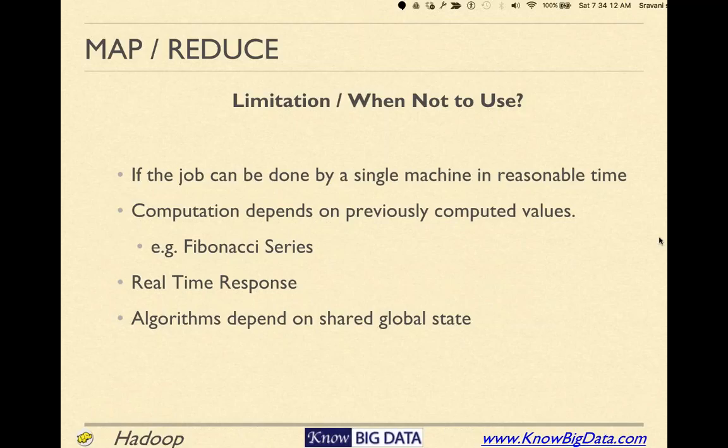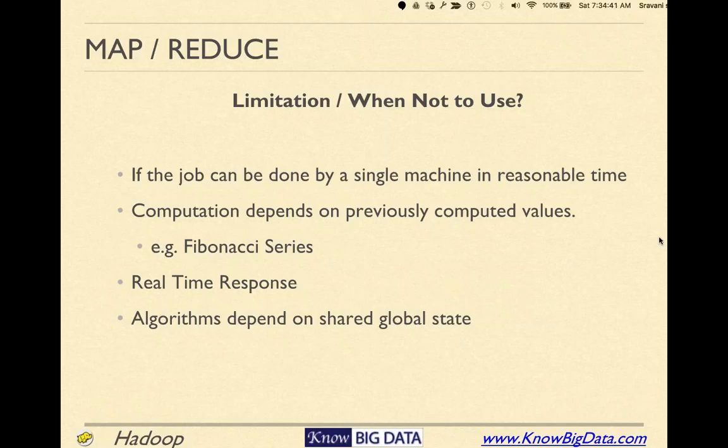Next is when the computation depends on previously computed values. You cannot use MapReduce in the cases where the next step in the computation is dependent on the previous step. Why? Because the next step can only be executed once the previous step has finished. Therefore, it can only be done at a single place on a single computer.